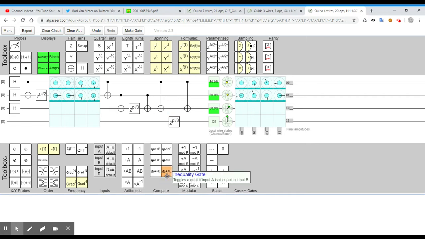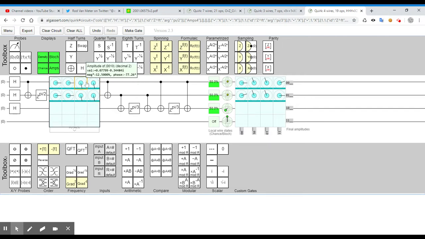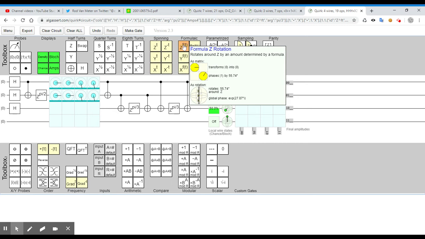And you could even compress that more and say that's just a control Z rotation, now that I realize. Or could you? But still the rotations are not what I expected. Maybe because the amount determined by a formula is wrong.